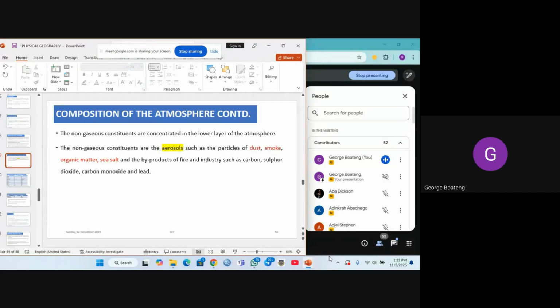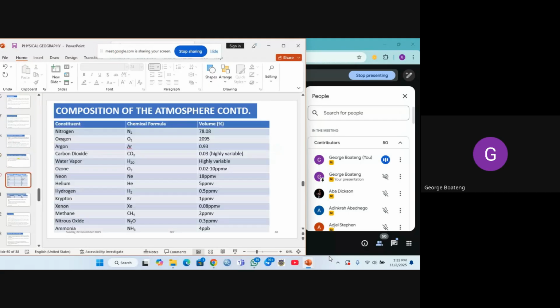They help in the formation of rainfall because they help form the eye of clouds, which give us rainfall. So the aerosols are non-gaseous constituents found in the lower portions of the atmosphere, and they are dust particles, smoke, salt, and others that help in the formation of rainfall.